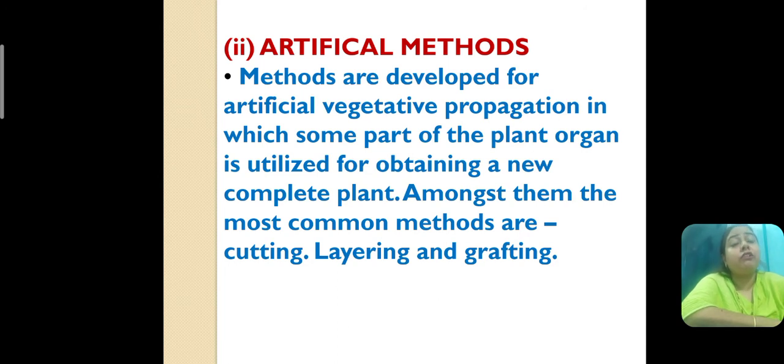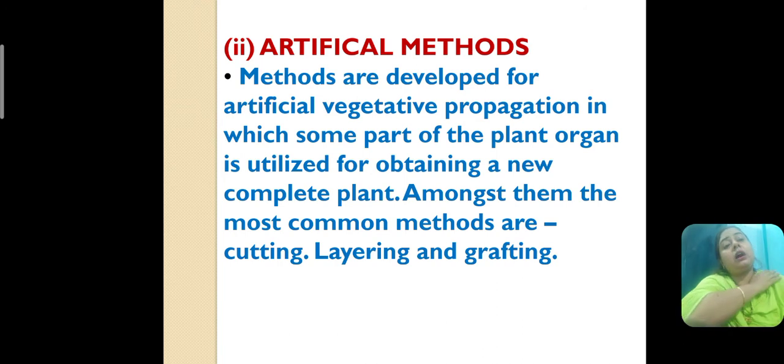So he will go for methods which will give him a sure-shot way of obtaining the same genetic lines. And for that he will adopt the artificial methods of vegetative propagation.